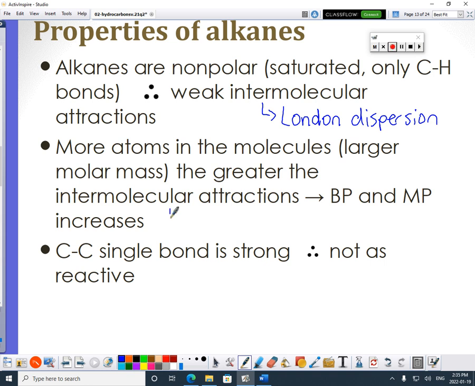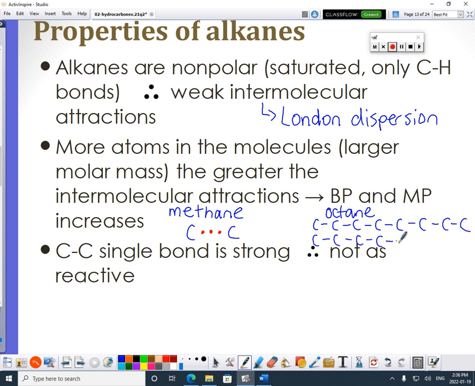So if you did methane, which is one carbon, I'm going to leave out the hydrogens for a second, then it would only be one spot for London dispersion. Let's say you had octane, like in gasoline: 1, 2, 3, 4, 5, 6, 7, 8. How many spots would there be? The easiest possible way to think of it is 8.